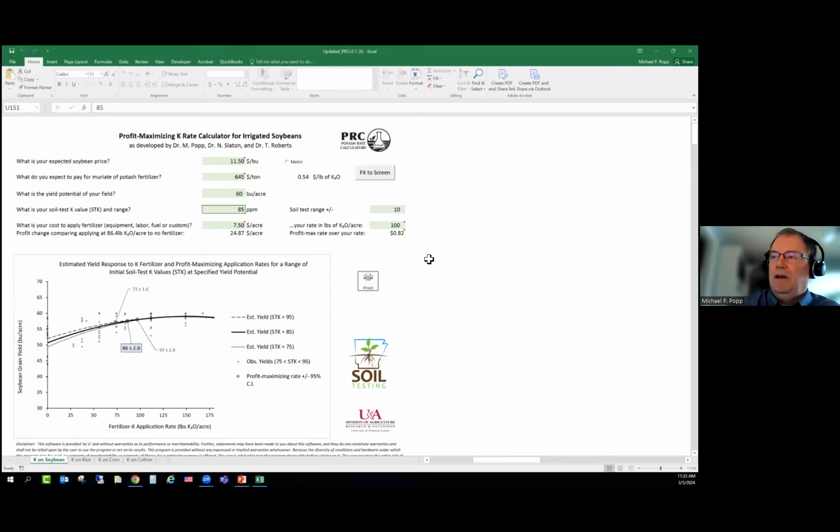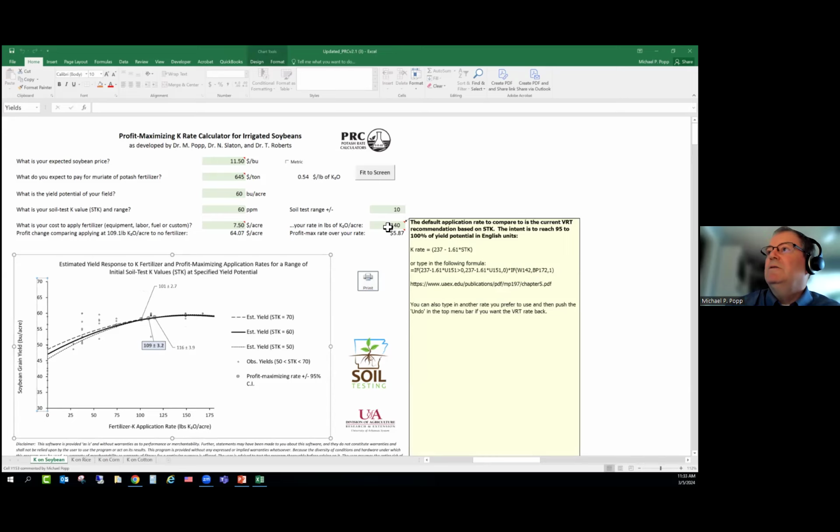And let's take the soil test K down to 60 parts per million, to say that we're in the low end. Right now the tool says put on 109 pounds, plus or minus 3 pounds, of K2O per acre. The VRT extension recommendation is 140 pounds.